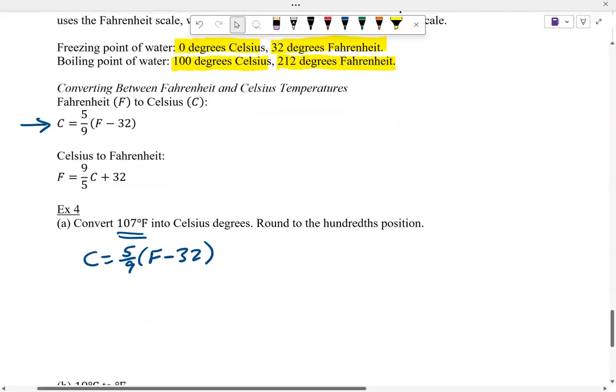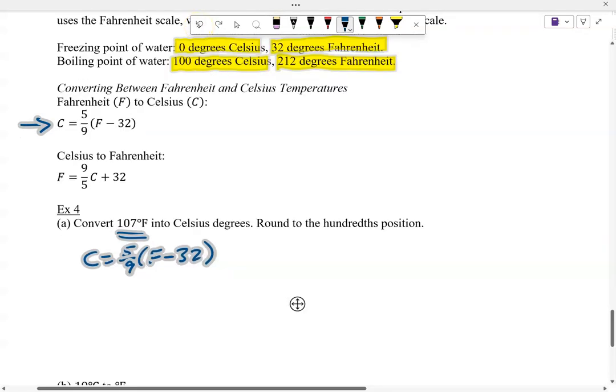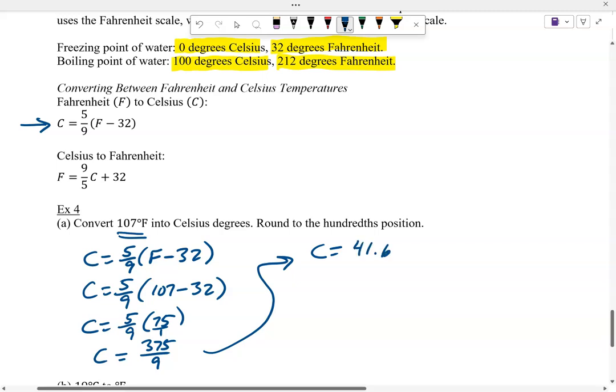And it looks like we have 107 minus 32, so that'll give us 75. 75 times 5 is 375, all over 1 times 9 is 9, and then we'll punch in 375 divided by 9, and we'll get 41.66.